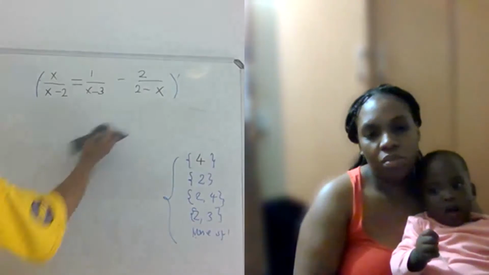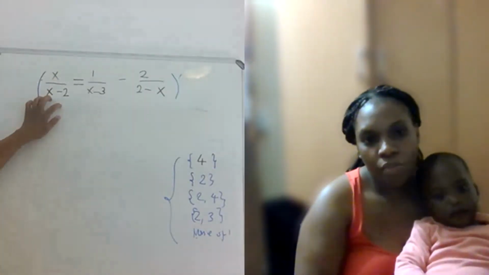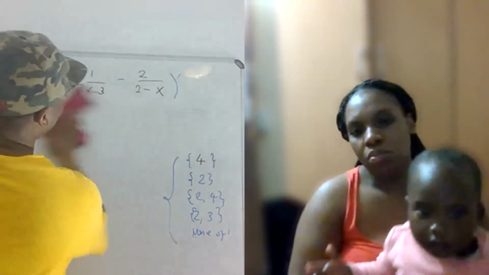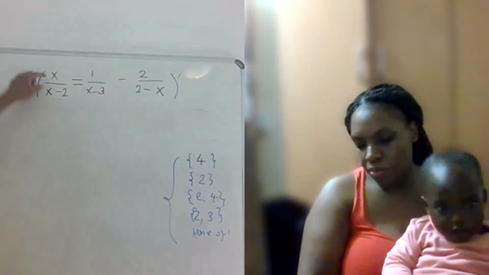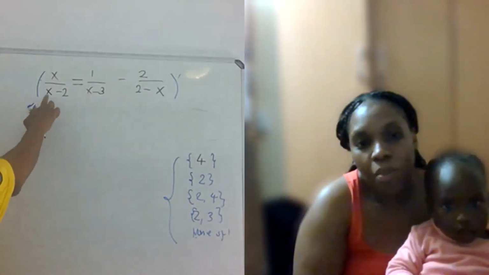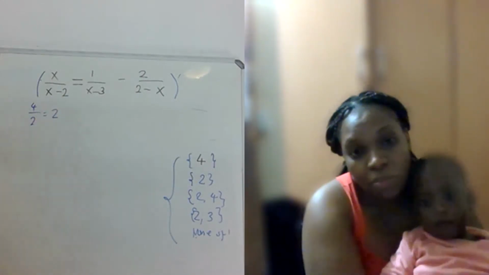If it's a solution set, it means if you plug in, the left hand side of the equation must be equal to the right hand side. Now let's plug it in. If x equals 4, it's 4 over 4 minus 2, equal to 2. So the left hand side equals 2.